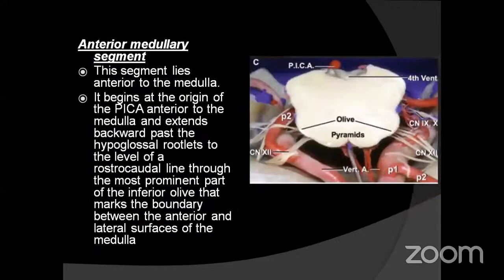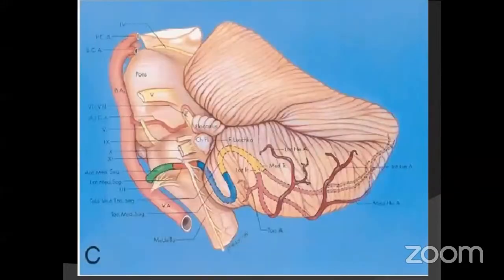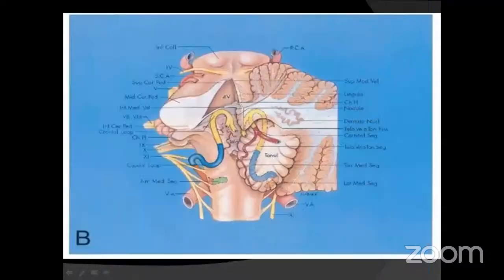Let's see this again in another dissection. We can see that P1 makes the anterior medullary segment, P2 the lateral medullary segment. Then when it courses around the tonsil and forms a caudal loop, it's known as P3. And when it ascends back up and runs in the cerebellomedullary fissure, it's known as the P4 segment, or telovelotonsillar segment.